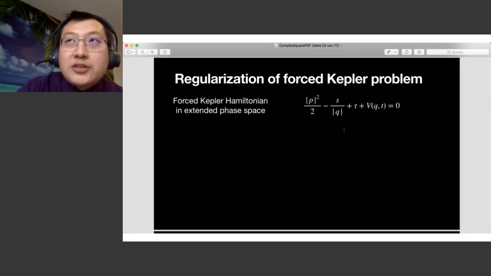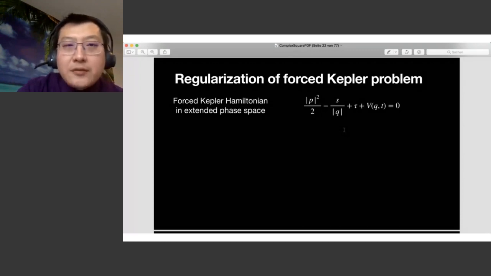For this, we do the same procedure, but on the extended phase space. So we embed this time-dependent system into the zero-energy hypersurface of this extended Hamiltonian on the extended phase space, where tau is a conjugate variable to t, which we now consider as a position, as a space variable.